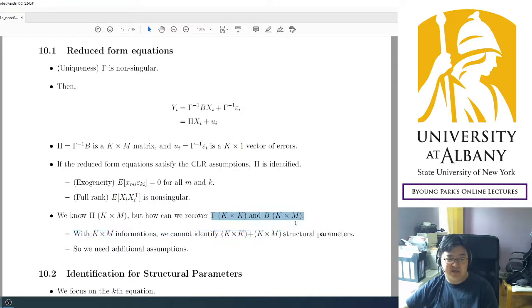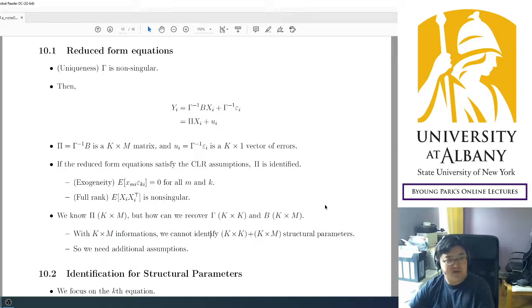Absolutely, this is more than what you have. So there are more unknowns than the information you have. Pi may be enough for beta only, but gamma is just extra. You cannot identify all of them. So we need additional assumptions.